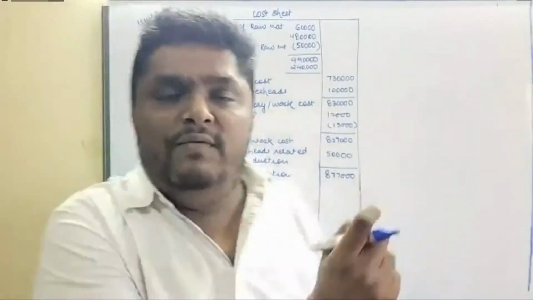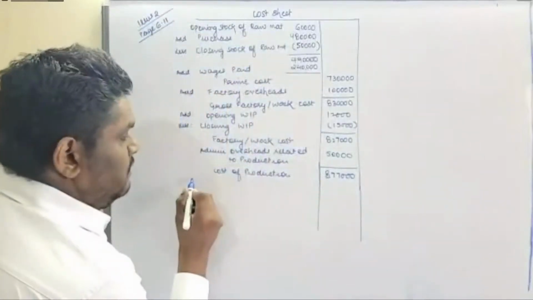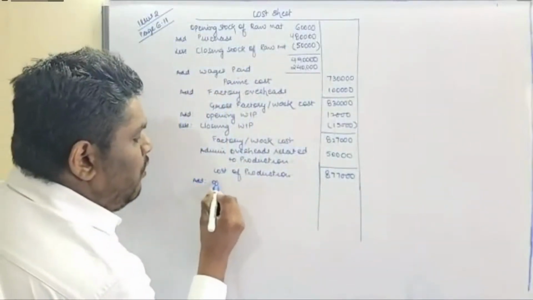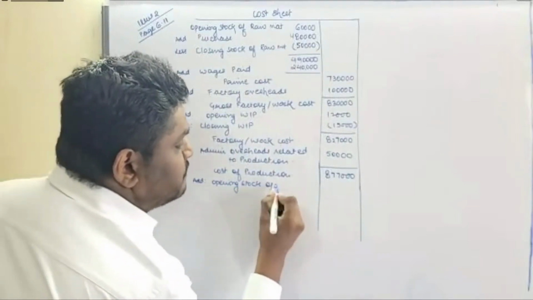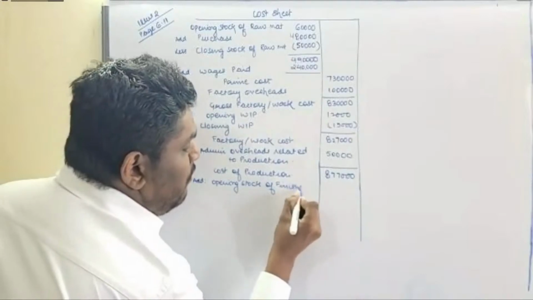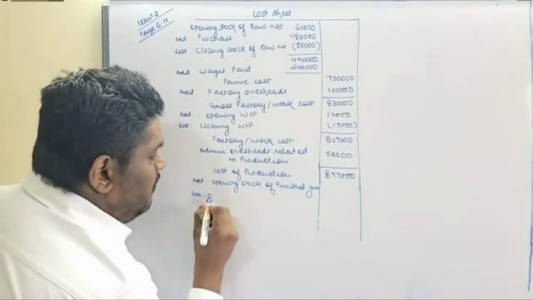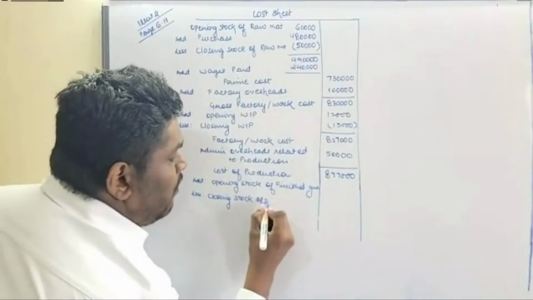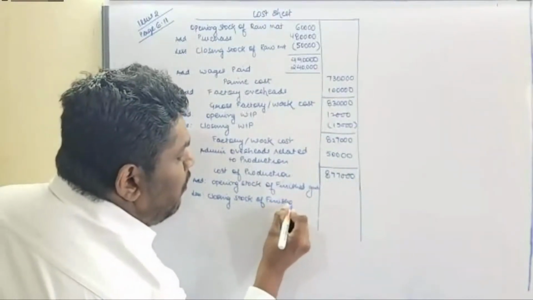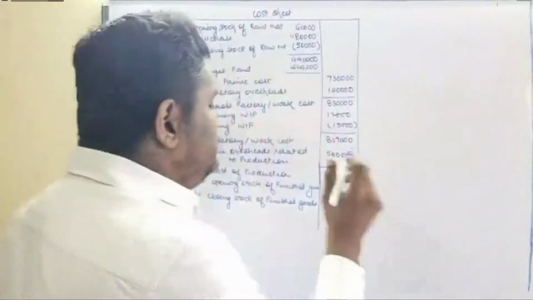In cost of production, we will make adjustments of opening and closing stock of finished goods. So add opening stock of finished goods and subtract closing stock. So in this question, opening stock of finished goods is given, that is 90,000.